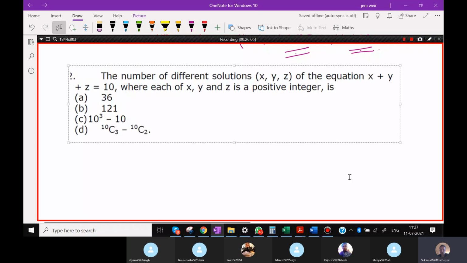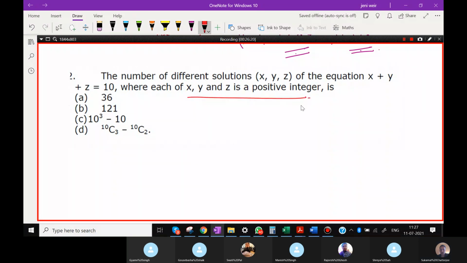The number of different solutions x, y, z of the equation x plus y plus z equal to 10, where each of x, y, and z is a positive integer, is what? So x plus y plus z equals 10, and x, y, and z are all positive integers.